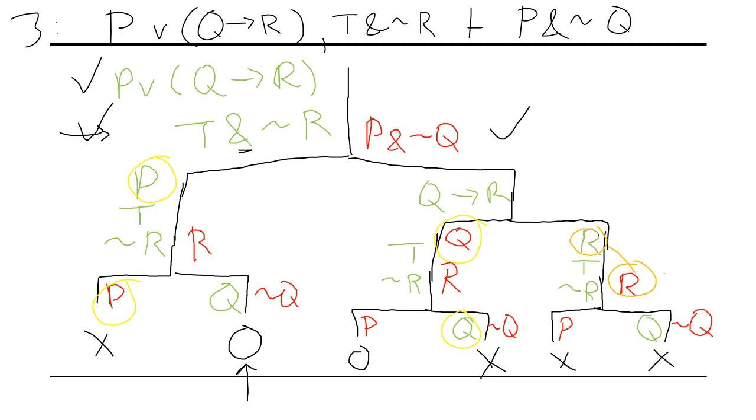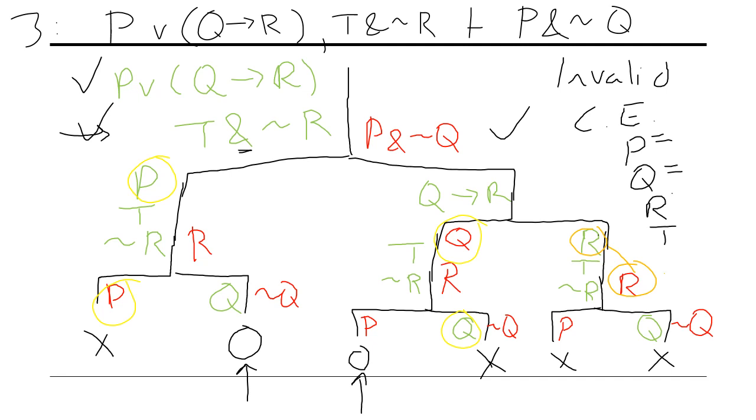So I still do have two open branches, so as long as I've got one open branch, it makes it invalid. I need a counterexample. And I have letters P, Q, R, and T. I'm just going to look at this one right here. So I have a Q on the left-hand side, that makes it true.